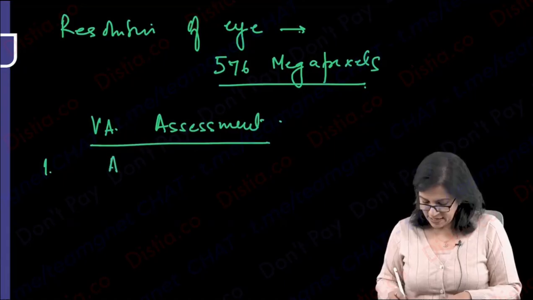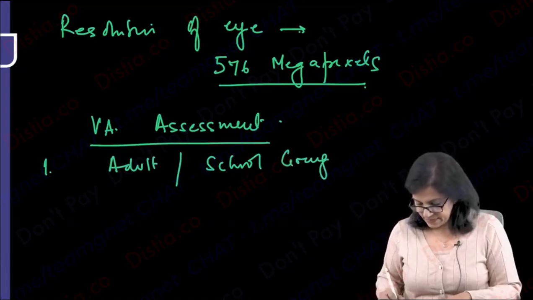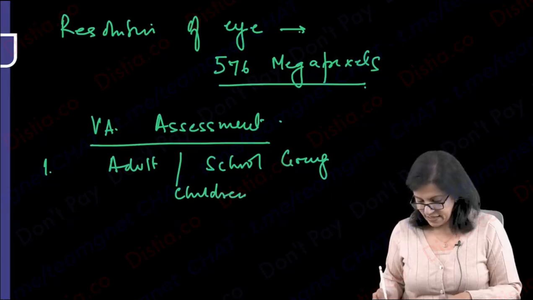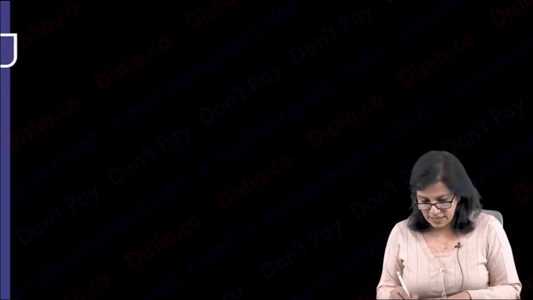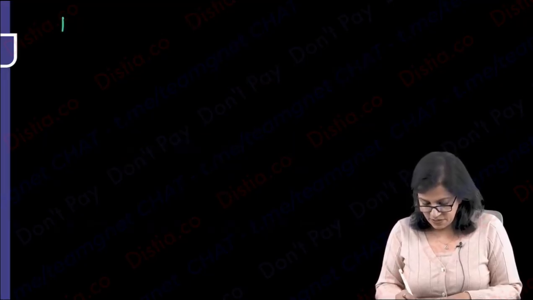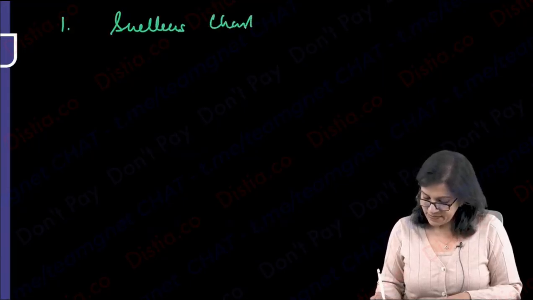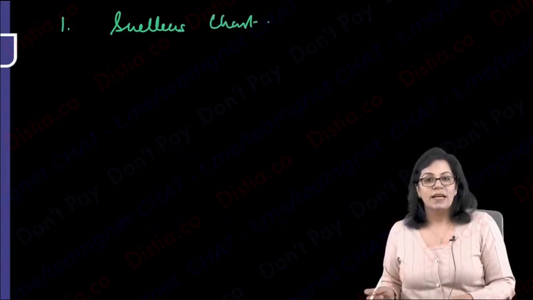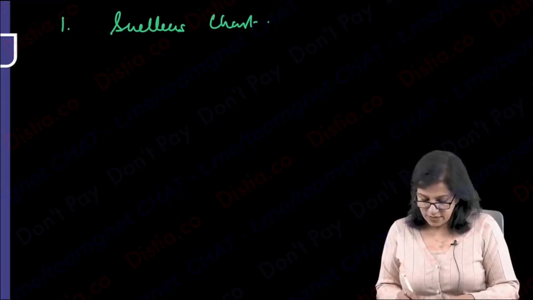If the patient is an adult or school-going children who can read, what did we learn? That we can go for, first was Snellen's chart. And in Snellen's chart, you should also know, we will mention here, this is for the far vision.